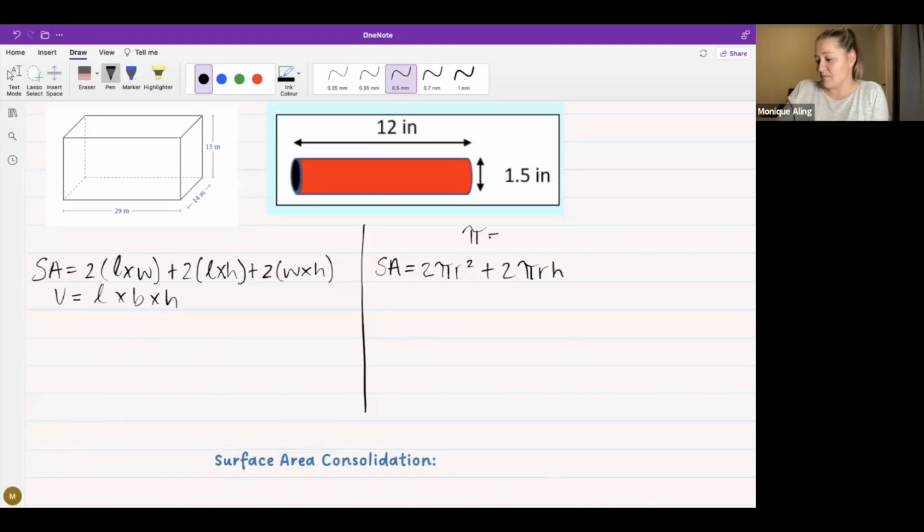We are always going to use pi is equal to 3,142 because that is how it is asked in the exam. And our volume formula is pi times r squared times by height. Okay, so quickly do the surface area of each shape as well as the volume.